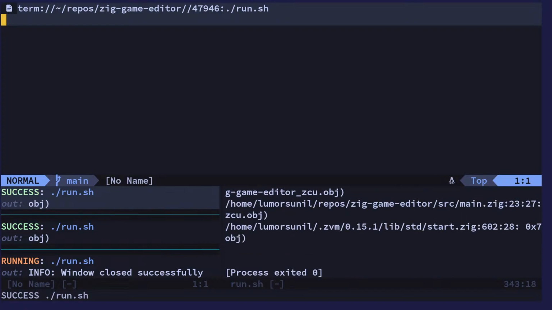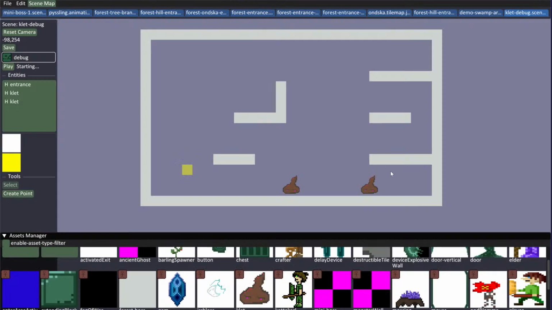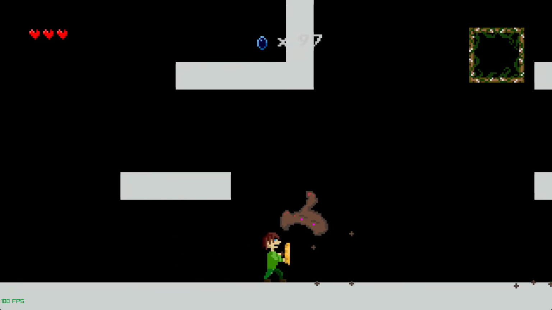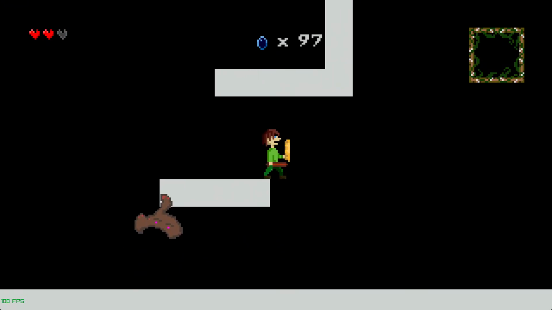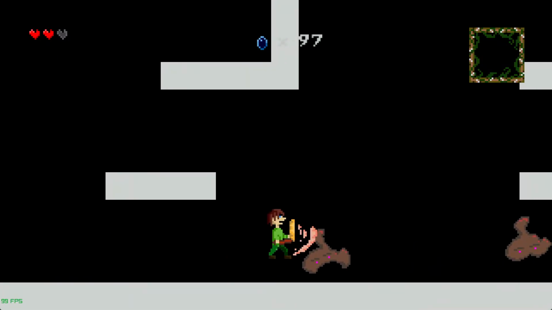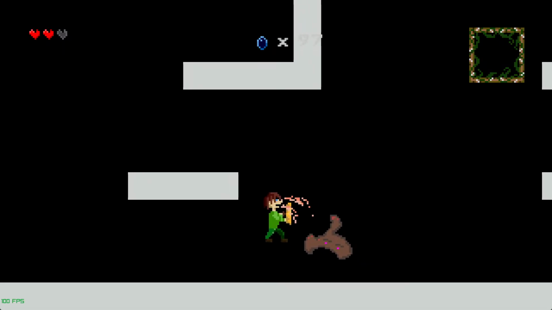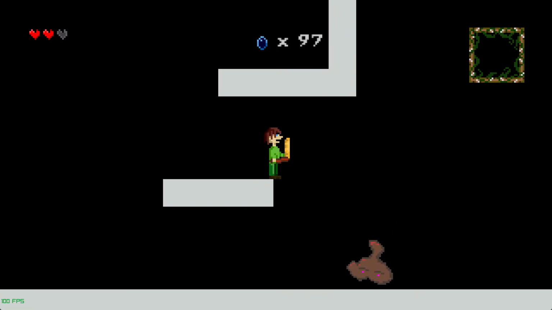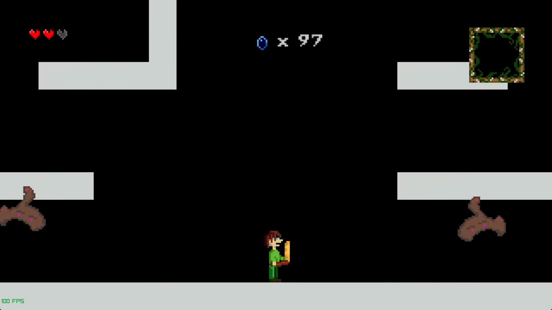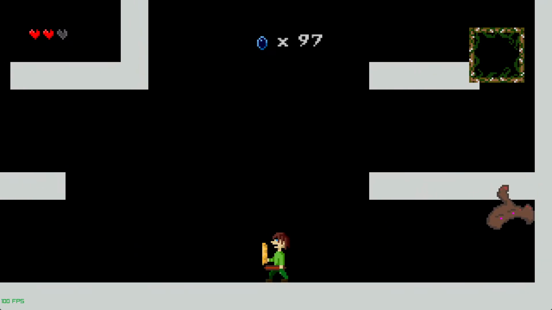Oh. Of course I need them to be at the same place.